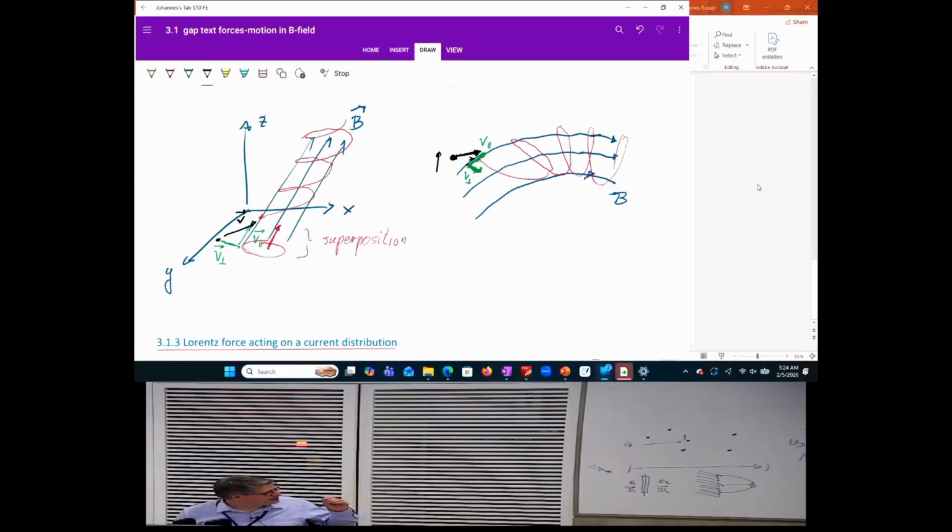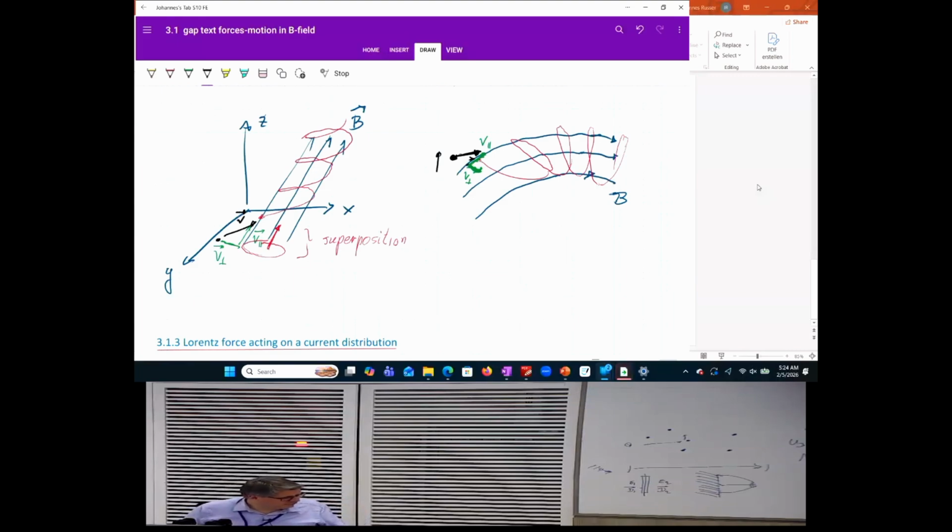In this direction, due to this force, you obtain a circular motion, while in the component of the vector that is aligned with the B field, there's no force acting on it. And in the end, you get this helical motion if the B field extends large enough.